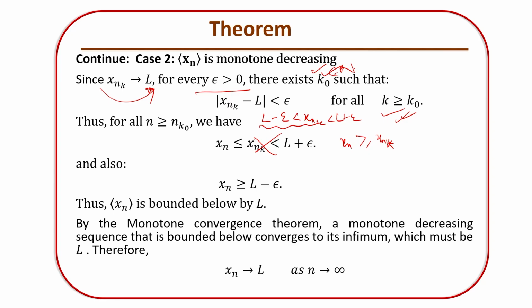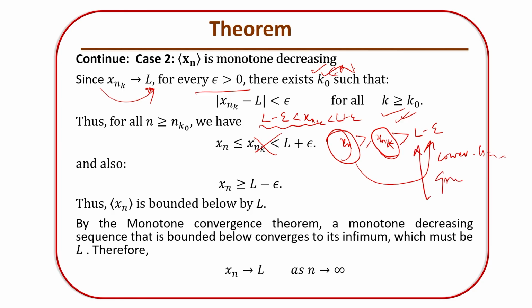So each x_{n_k} is greater than L minus epsilon.